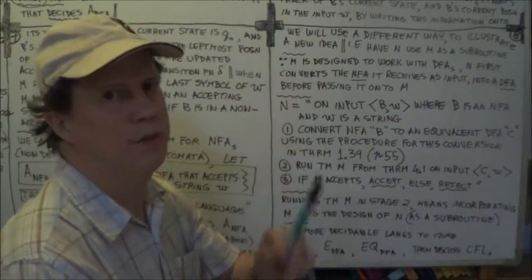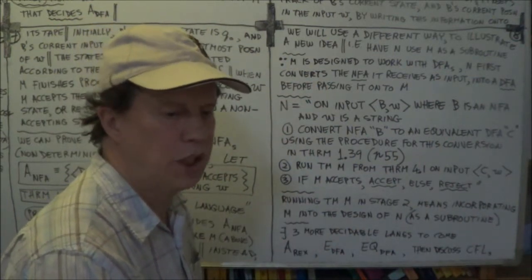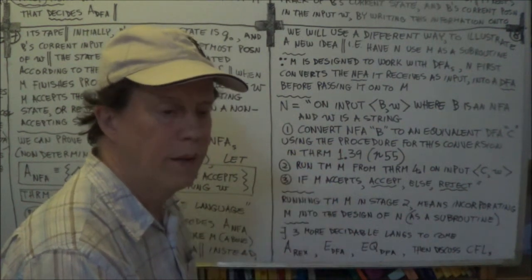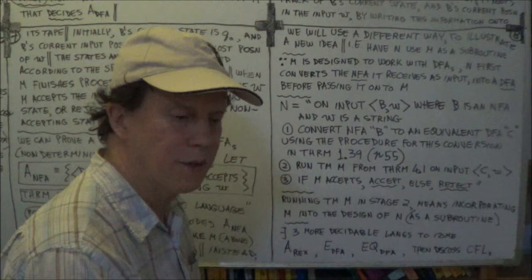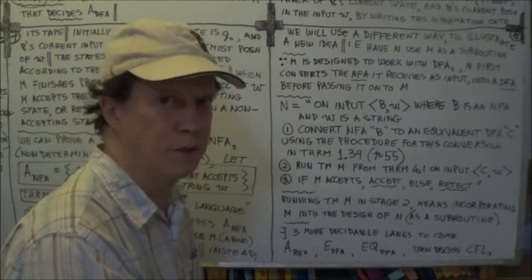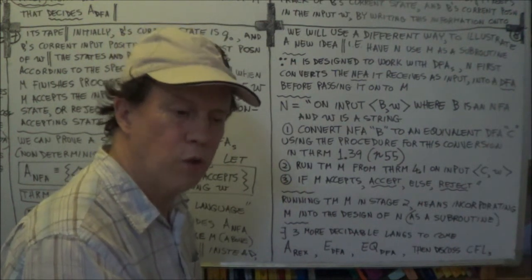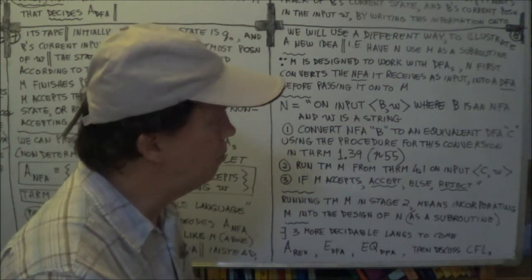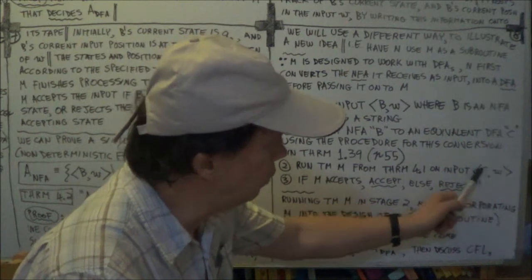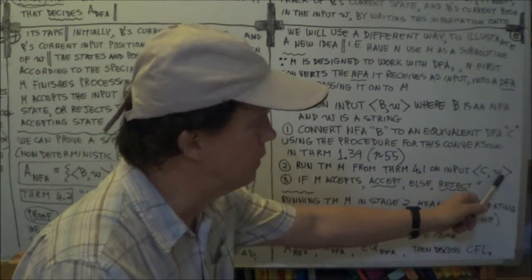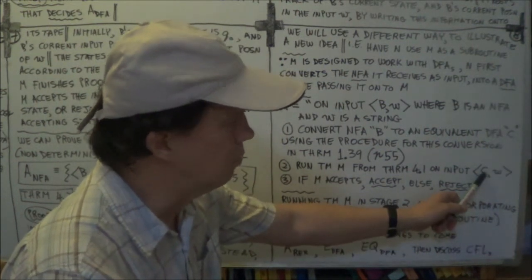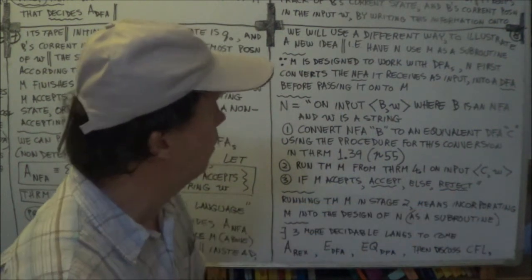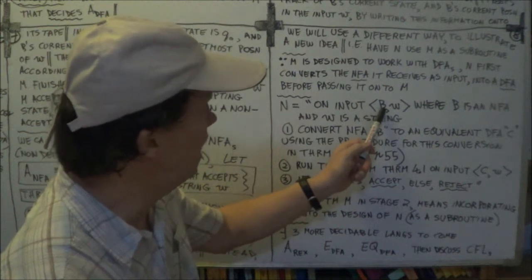Now after the conversion, once you've converted your NFA, call it B, into its equivalent deterministic finite automaton, DFA, call that equivalent machine C, you pass on C comma W. It's the same string, but this is now a different machine. Well, it's equivalent, does the same job, but this is now a DFA, whereas this was an NFA.